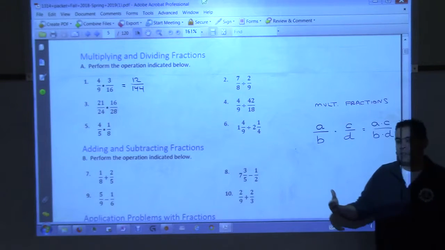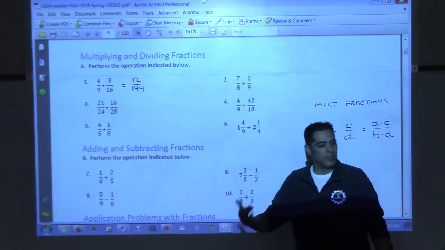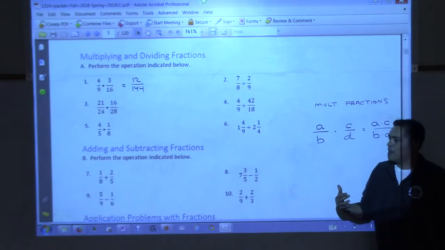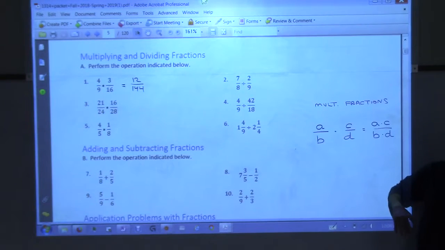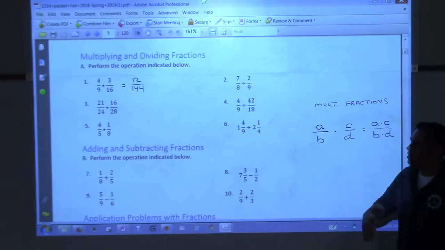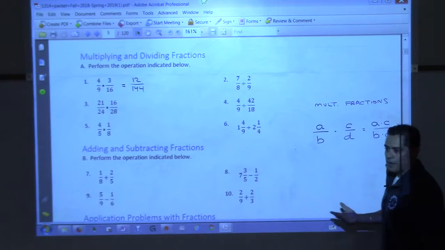Okay, so now the question becomes, is that an acceptable answer? Well, it is correct, but it's not what we call reduced. Reduced means we want to see if there's any number that goes into both 12 and 144. Can you think of a number? 12 itself, right?